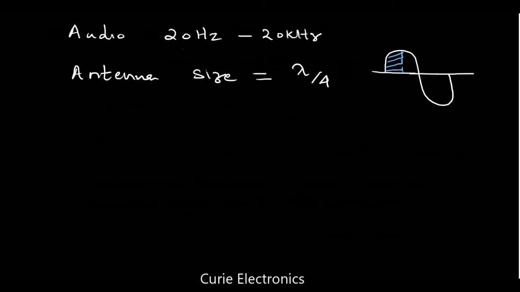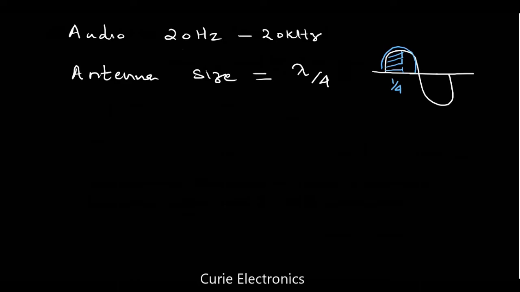If we flip it on the top, we will get this much. If you reverse on the other side, we will get the full waveform. So only 1/4 of the total signal is having the information. So that is why we need a lambda by 4 antenna to transmit this information.